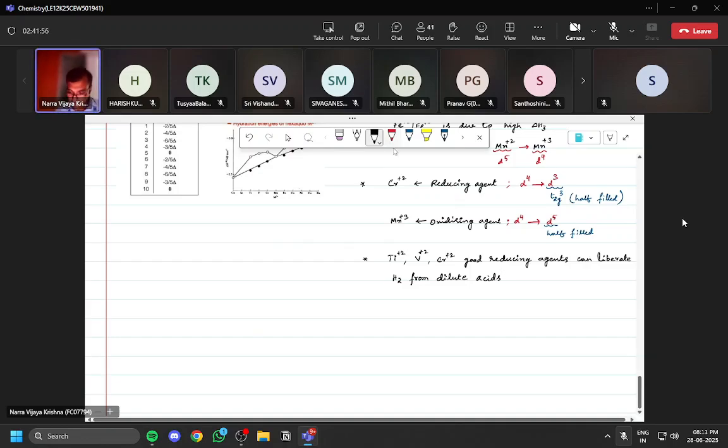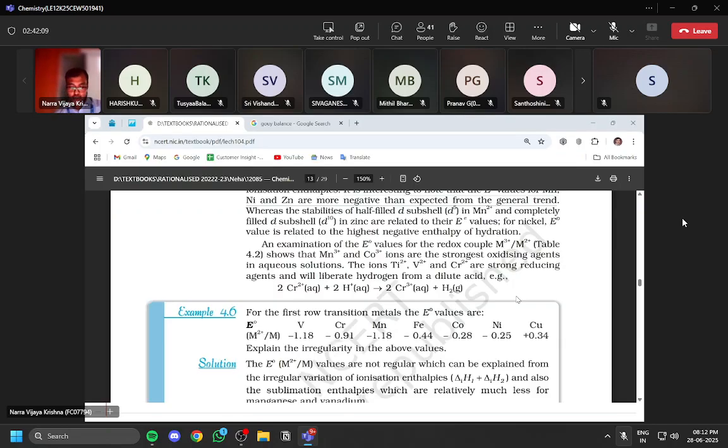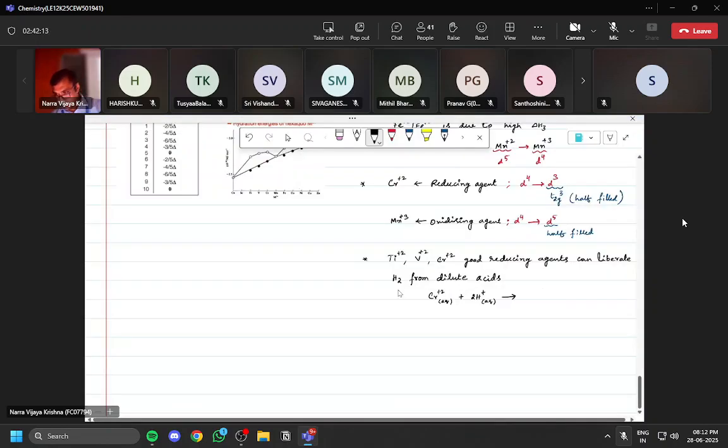Example they gave: chromium plus 2 aqueous plus 2H plus aqueous gives 2 chromium plus 3 aqueous plus H2 gas.